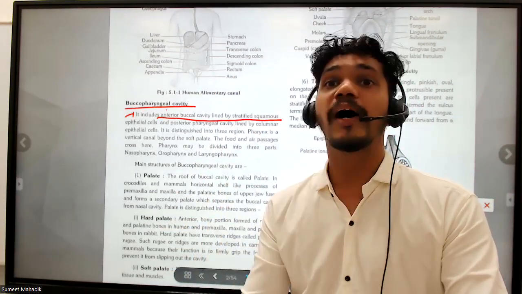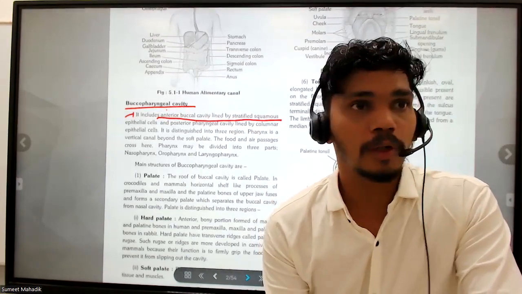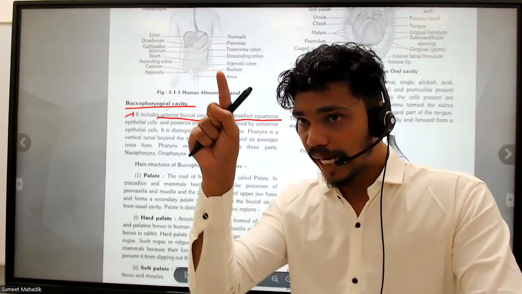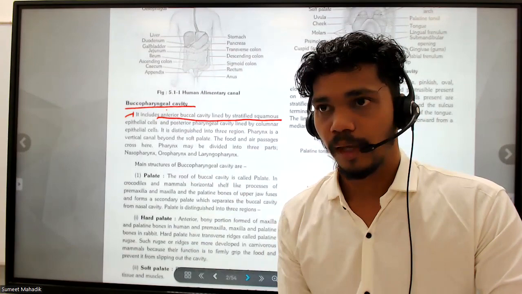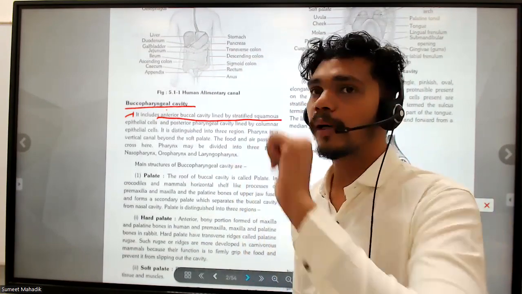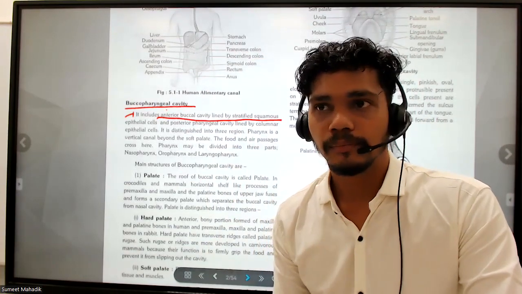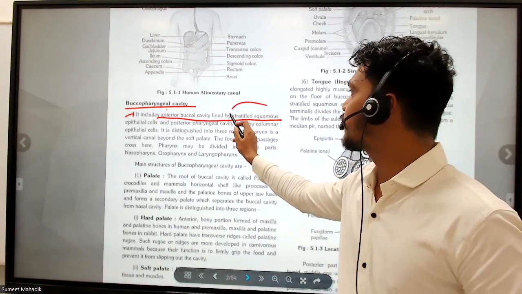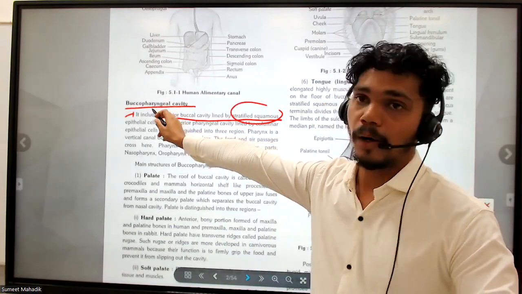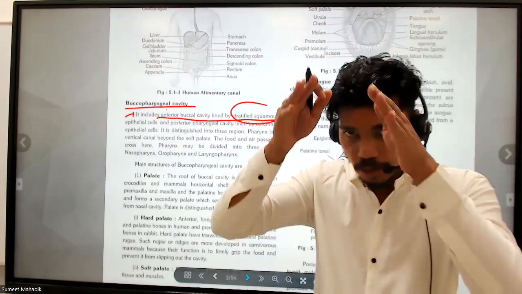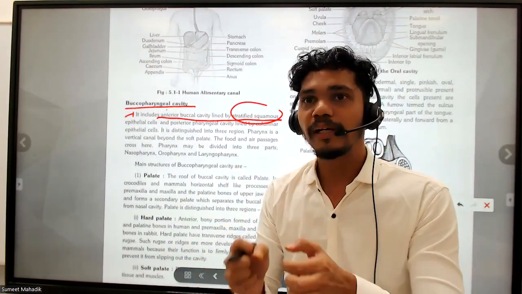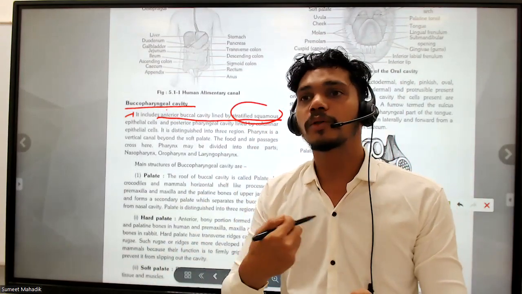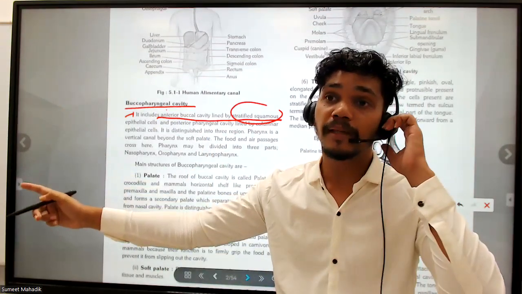Why? Because exchange of oxygen and carbon dioxide has to take place. If I use stratified there, exchange will be difficult. In the buccopharyngeal cavity it has to be stratified squamous, because food has to be pushed forward. Absorption is not going to take place here; absorption takes place in the small intestine.